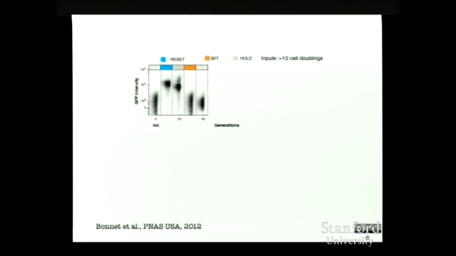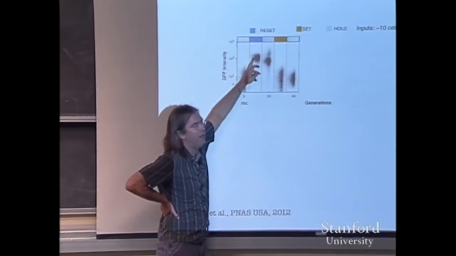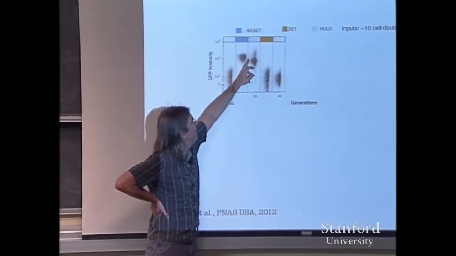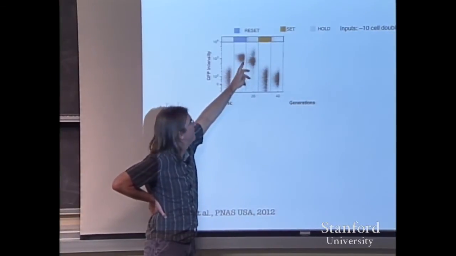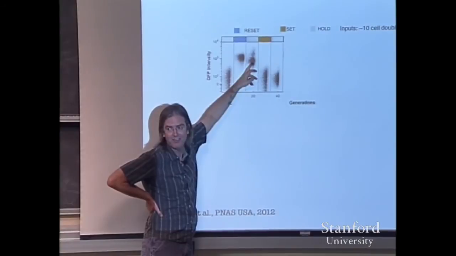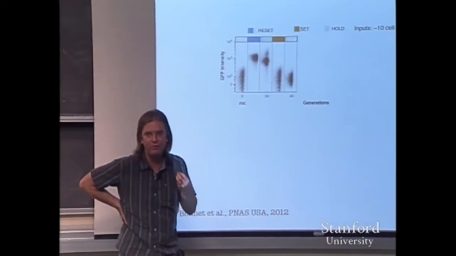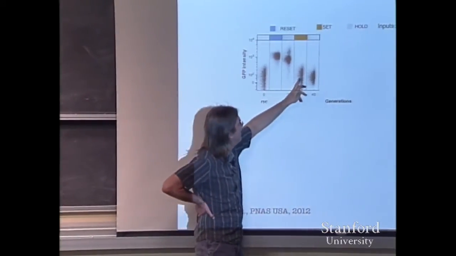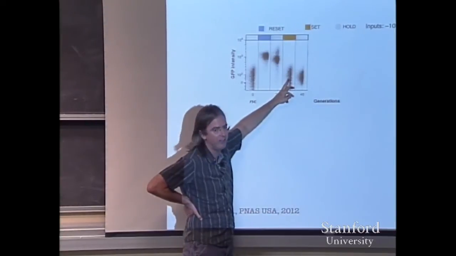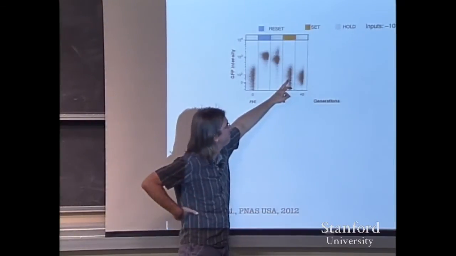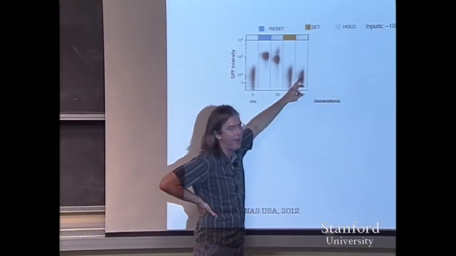That's what a low in green means. We give them a reset pulse. They become green. And when we remove the reset pulse, the cells maintain their greenness. They're storing the green state. If we then give them a set pulse, they lose their greenness. They become red, which I'm not showing. And they hold that state.